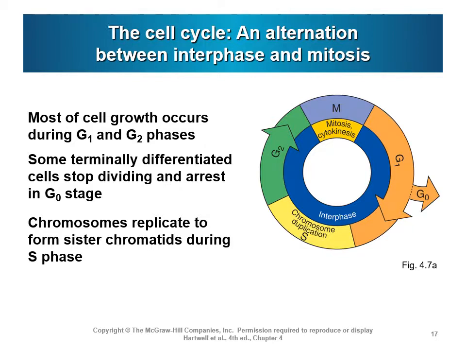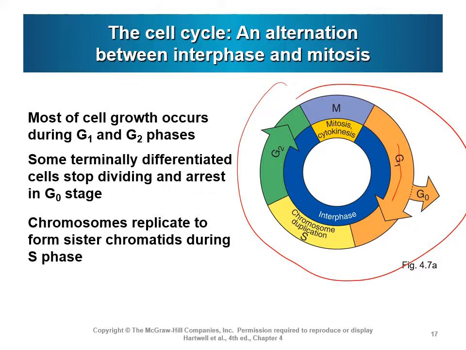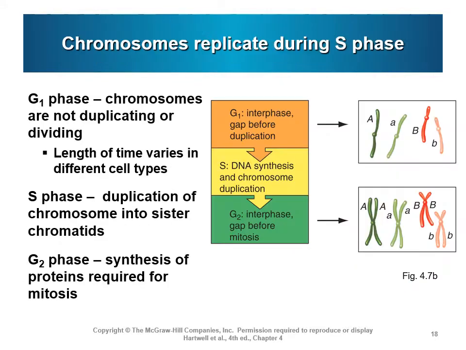So here is the diagram for the cell division. There is the interphase, as we mentioned, with G1, S, and G2, and then there is the actual cell division process, which is the mitosis and cytokinesis. The cytokinesis is the actual cell dividing phase.